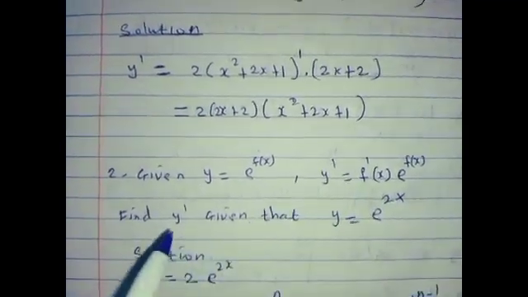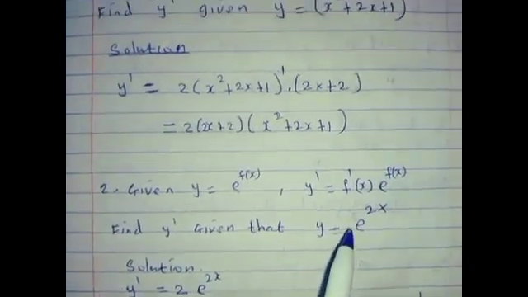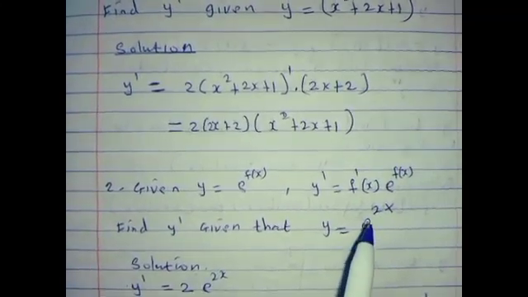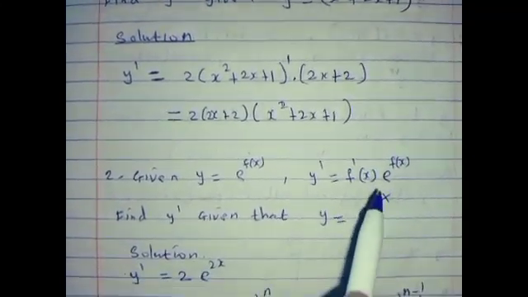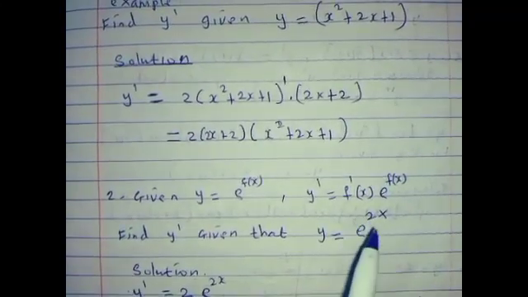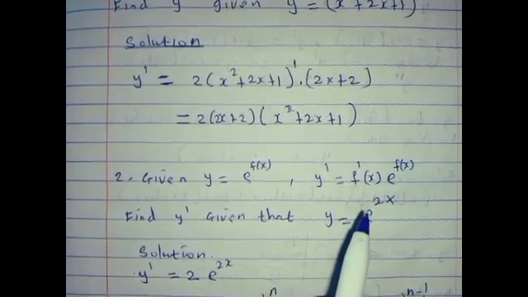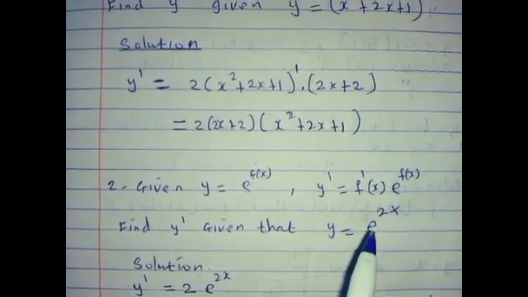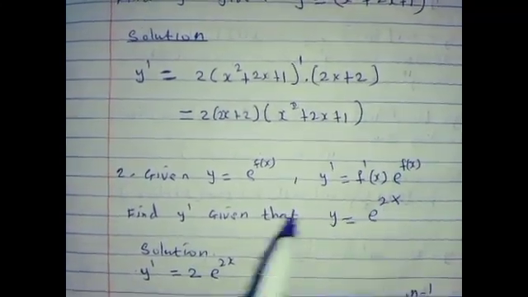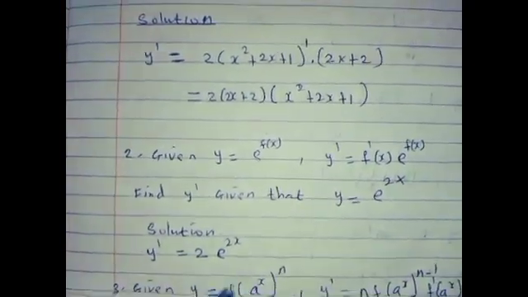A good example: find the derivative of y given that y is equal to exponential 2x. We differentiate 2x with respect to x, which is 2. Then you keep the exponential 2x constant and multiply by the result. That is the derivative.